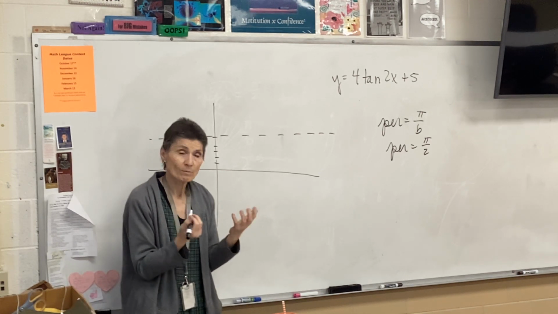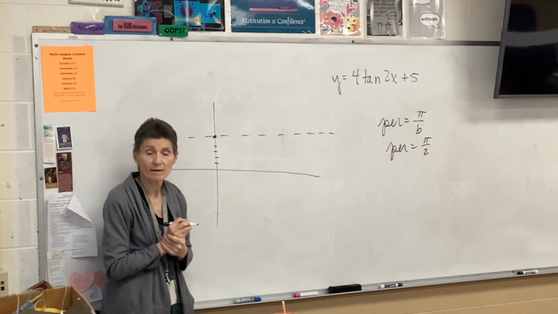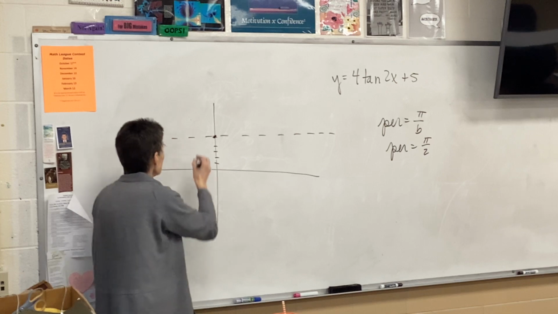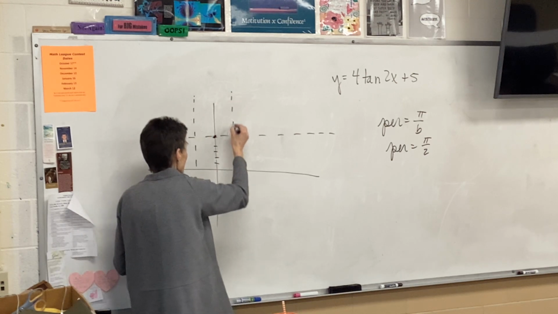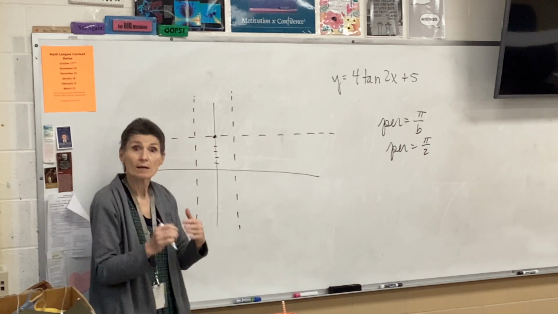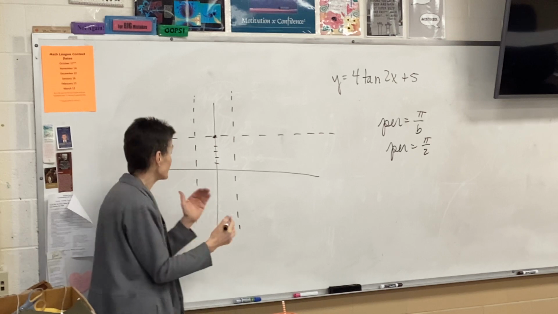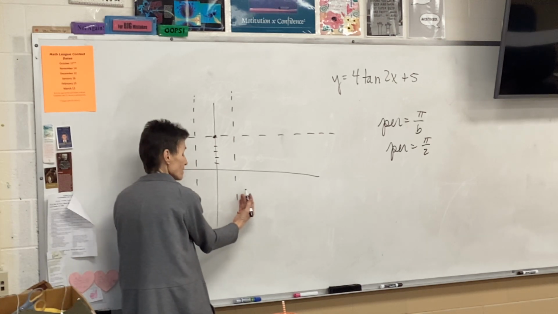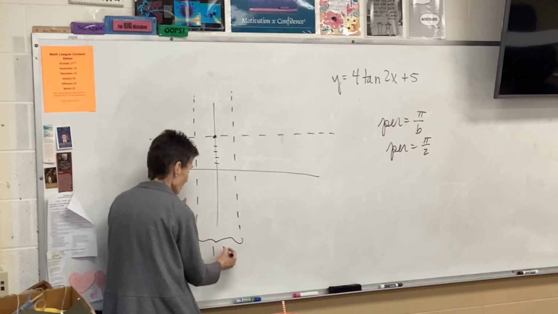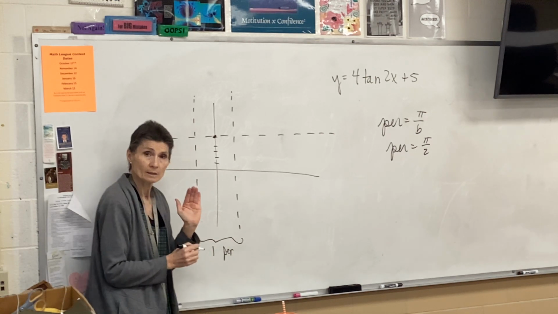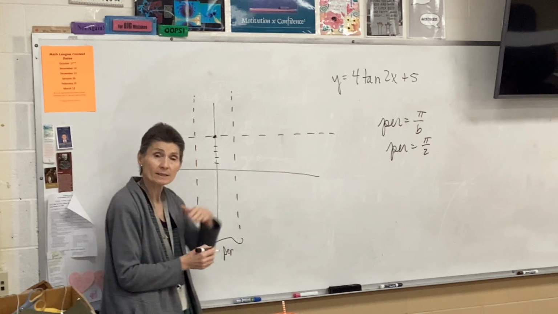The tangent of 0 is 0, so there's going to be one of my points right there. On either side of that point, someplace, there's going to be vertical asymptotes, because that's what a tangent looks like. The distance between those asymptotes is the period. This is 1 period. Well, for this problem, I know my period is pi over 2.